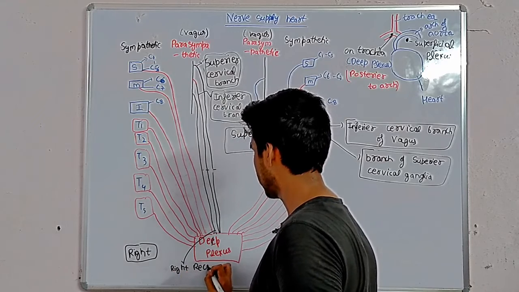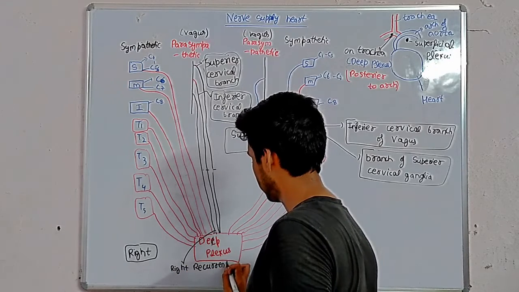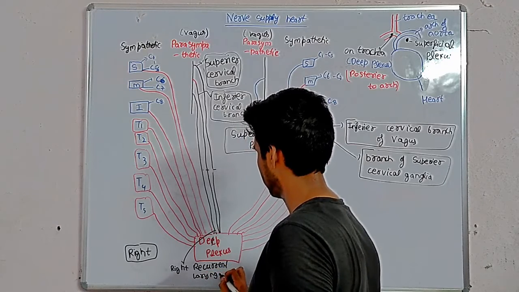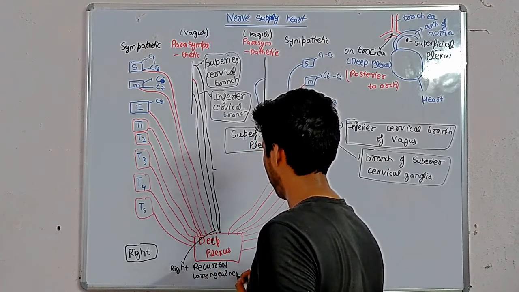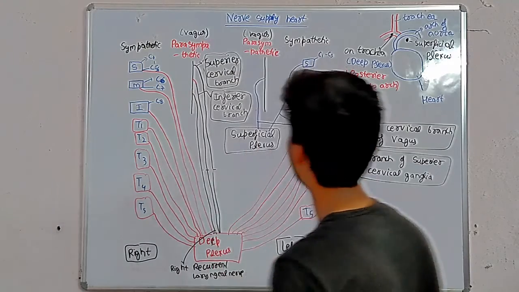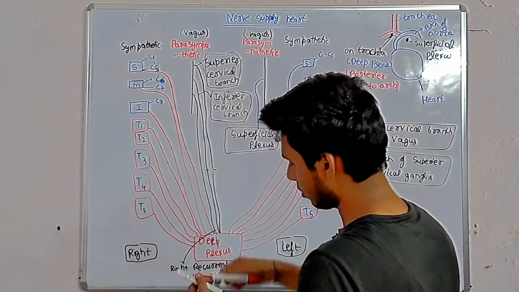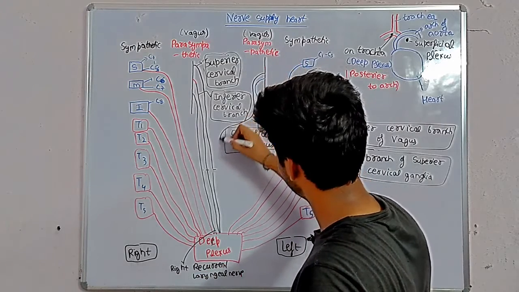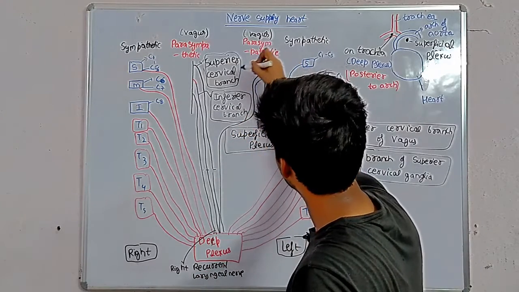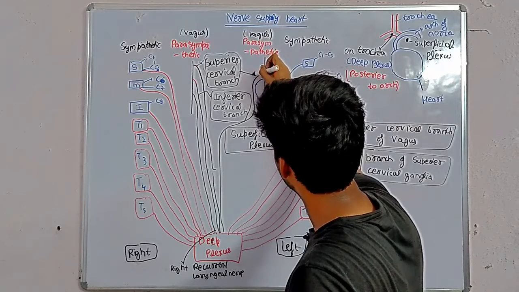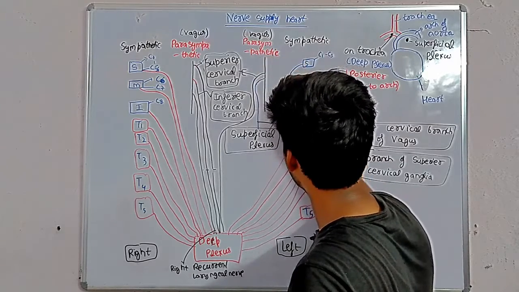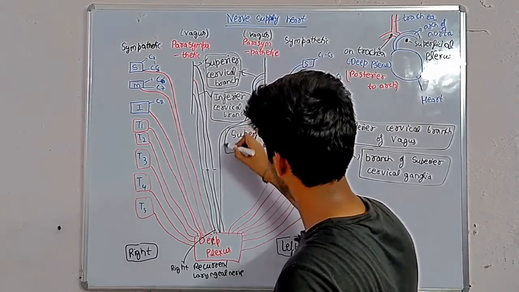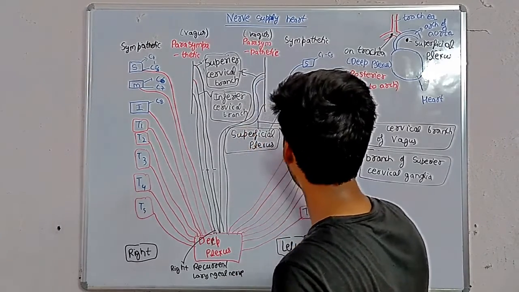The same on the left side: first the superior cervical branch, and another is the left recurrent laryngeal nerve.